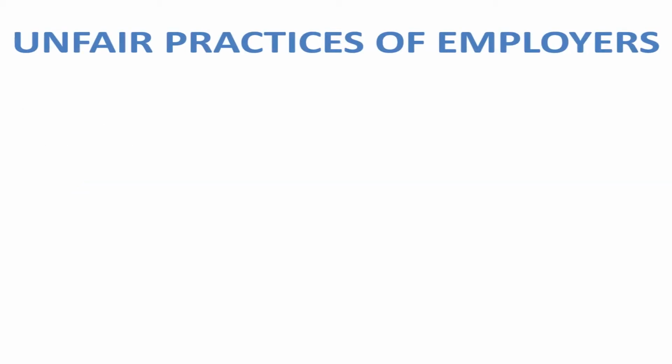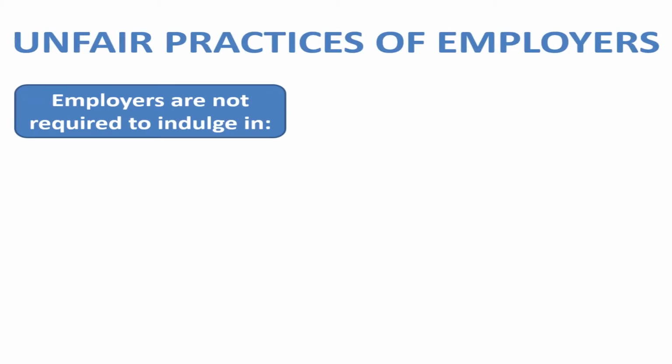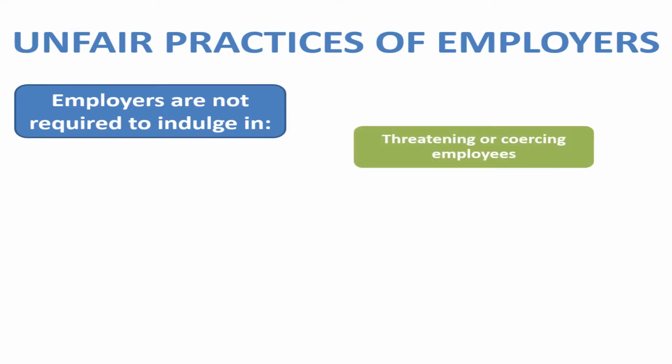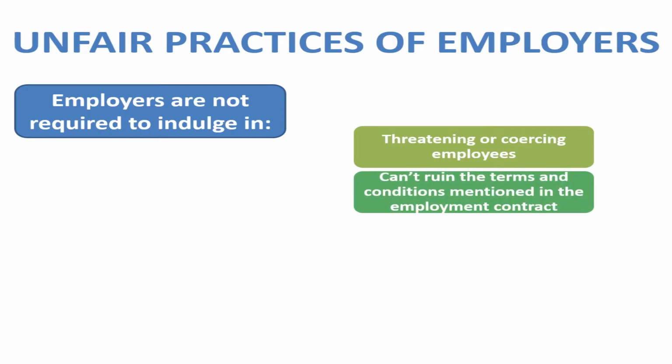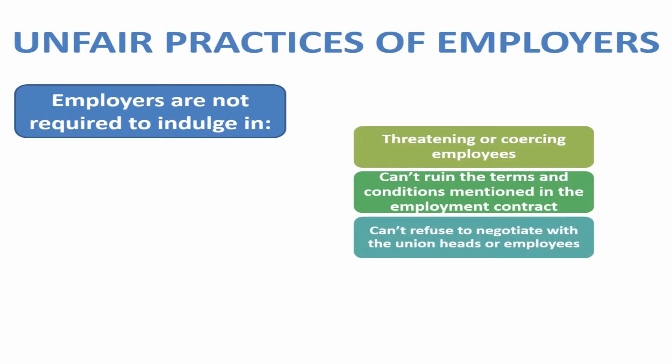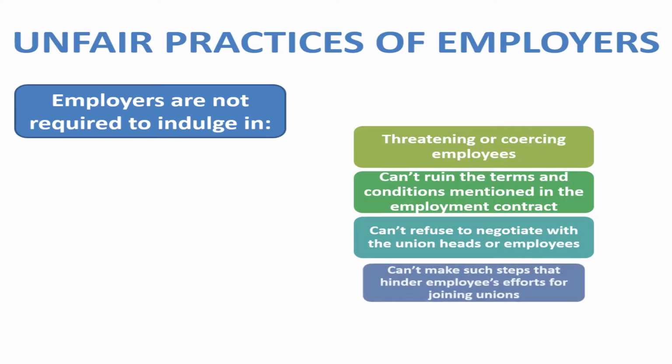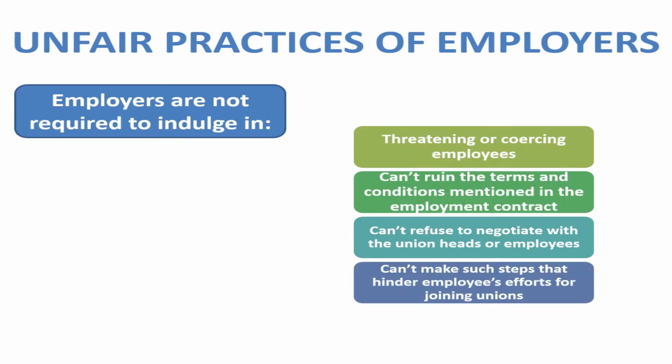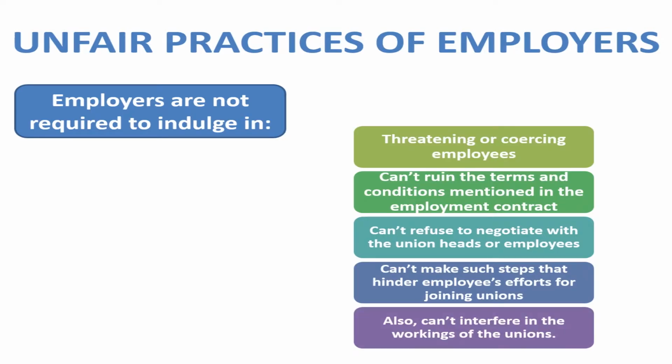Some of the practices that employers are not allowed to indulge in are threatening or coercing employees, ruining the terms and conditions mentioned in the employment contract, refusing to negotiate with the union heads or employees, making such steps that hinder employees' efforts for joining unions, and also interfering in the workings of the unions.